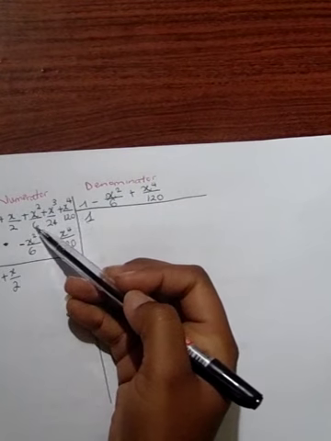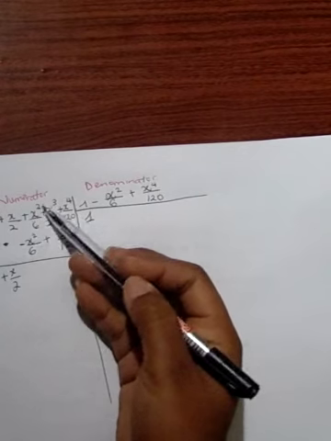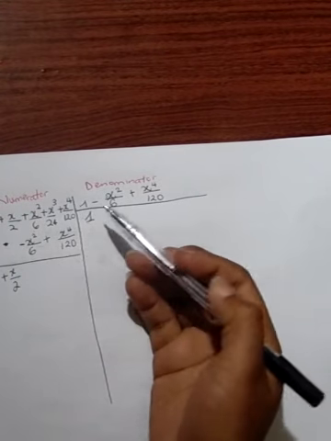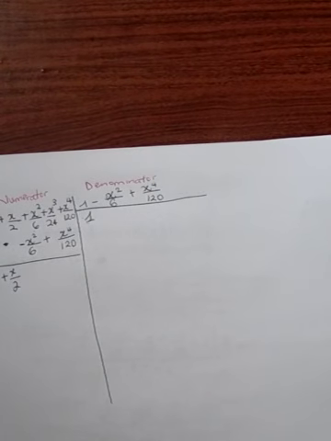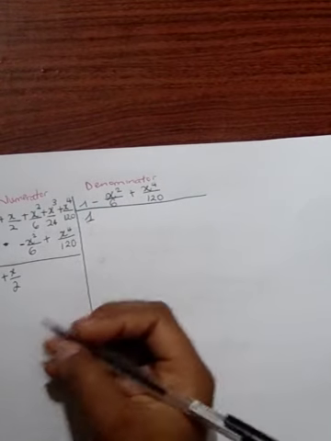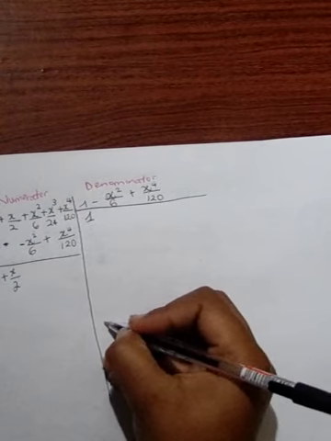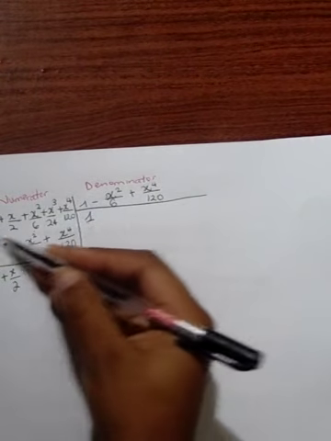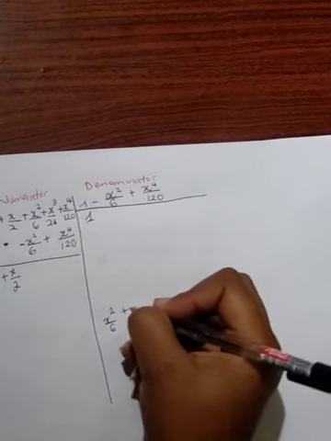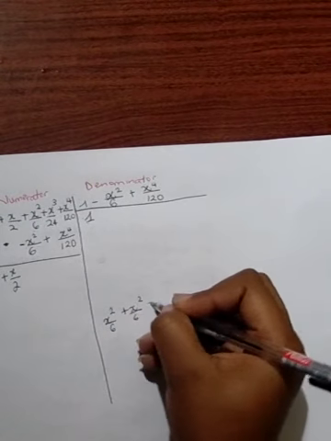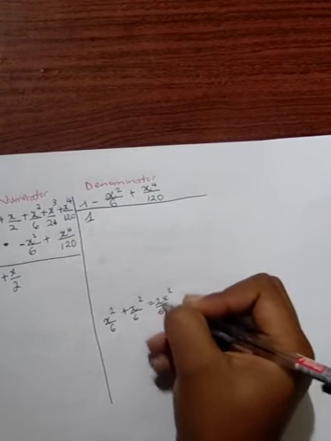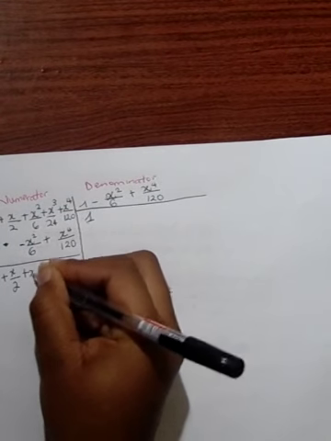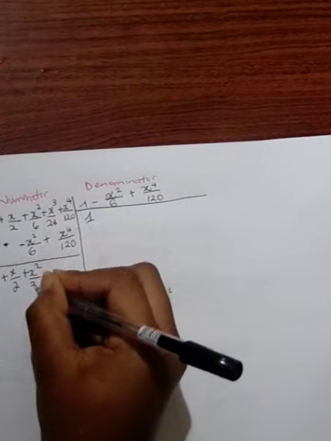Plus x squared over 6 minus minus x squared over 6, that's plus x squared over 6, that's 2x squared over 6. This will be 1, this will be 3, so we're left with plus x squared over 3.